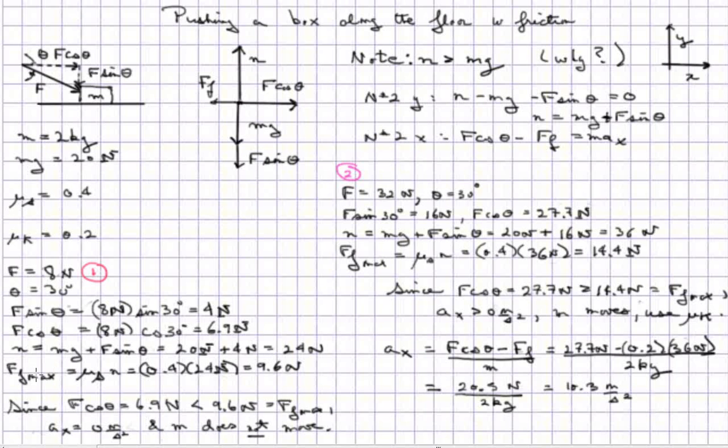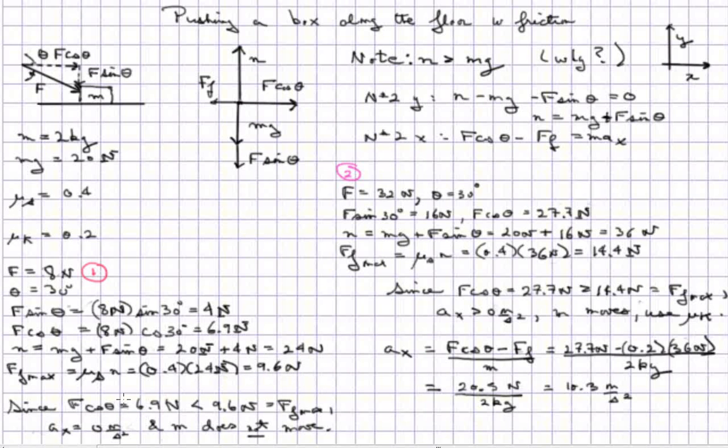And we can also calculate the maximum force that static friction will give to impede this F cosine theta, and that's going to be the coefficient of static friction times the normal force, which is 0.4 times 24, which is 9.6 newtons.